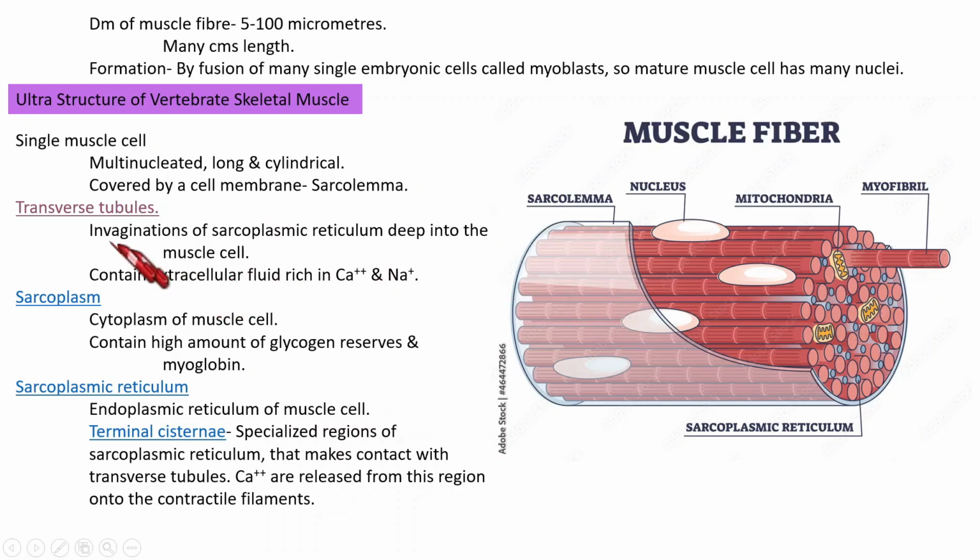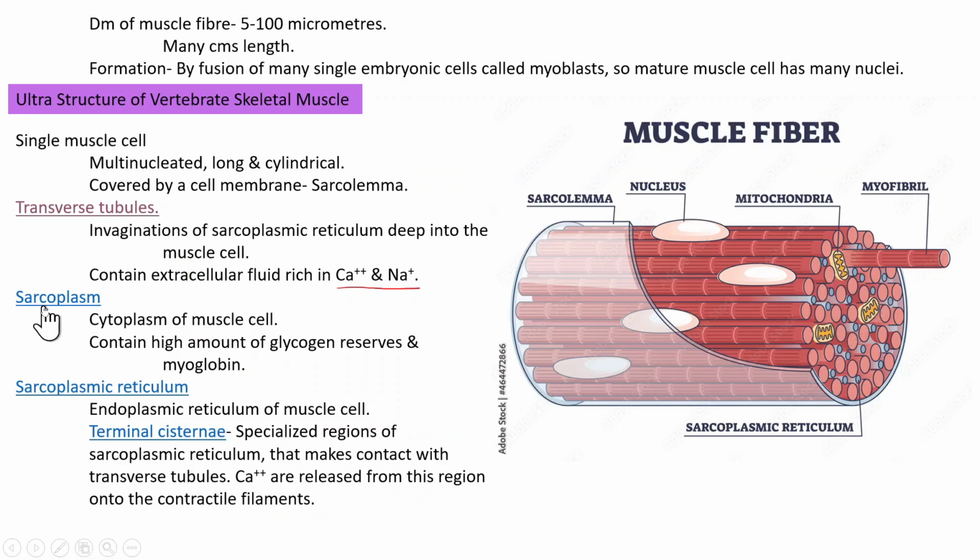So that's why this transverse tubule contains extracellular fluid, and that extracellular fluid is rich in calcium and sodium ions. We know that sodium is the abundant ion that we can see outside the cell in the extracellular fluid. Okay, so the transverse tubule term is also clear to you.